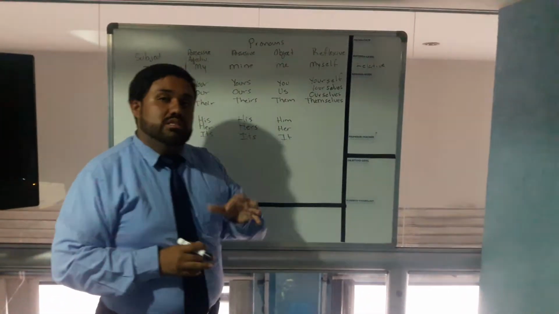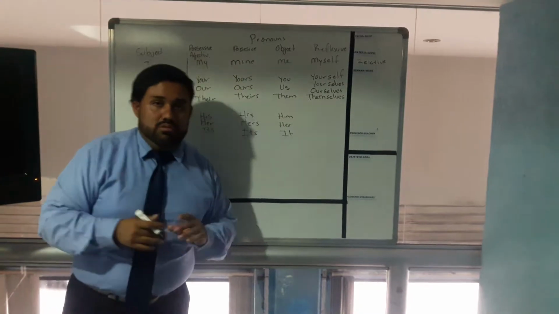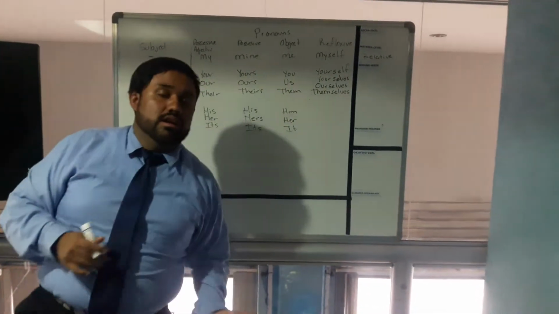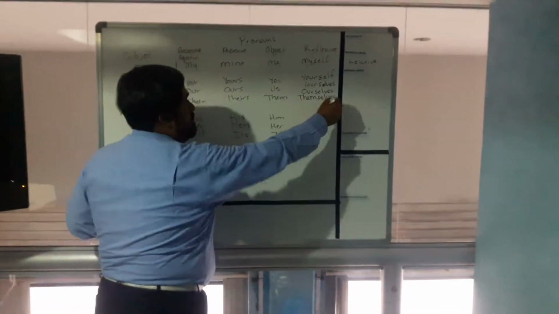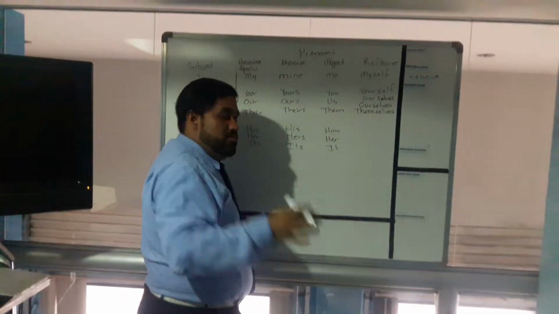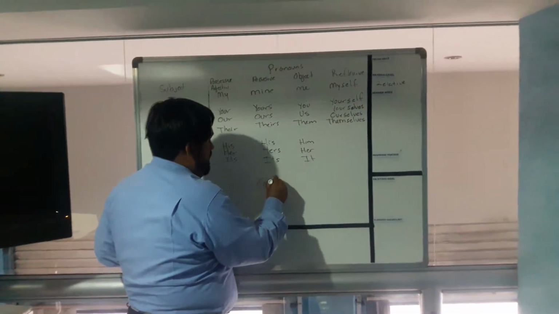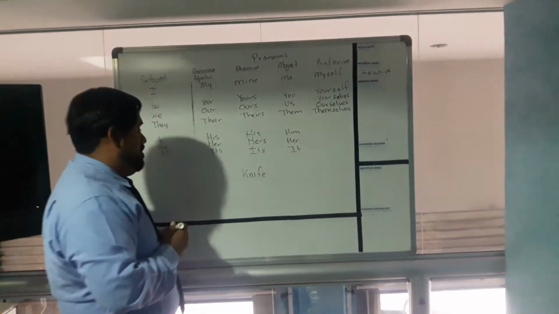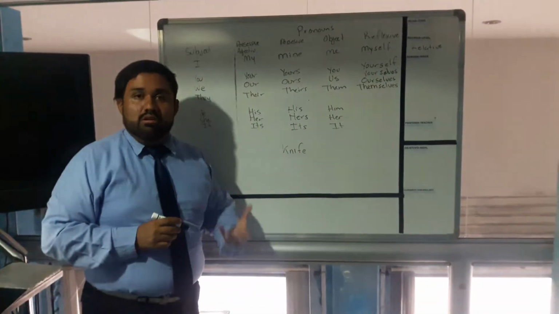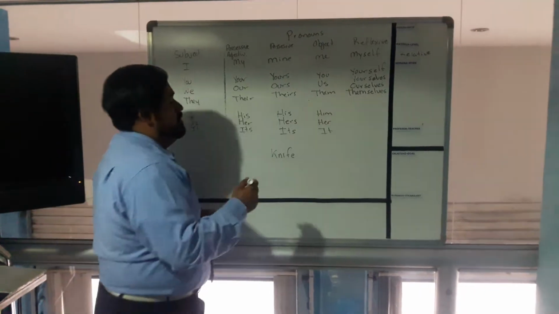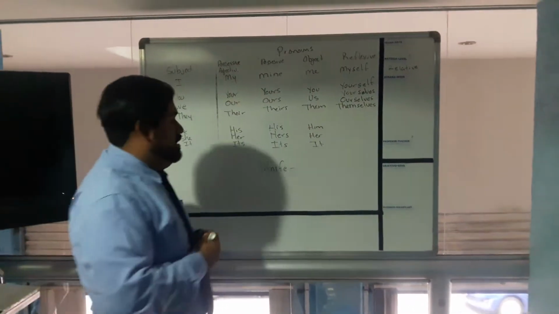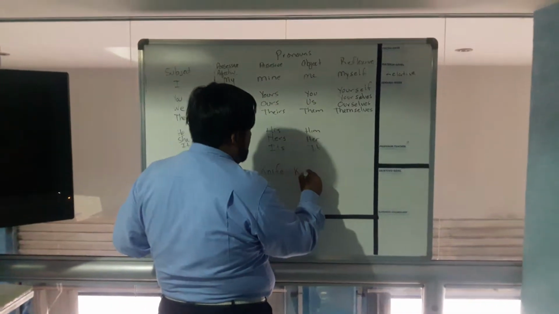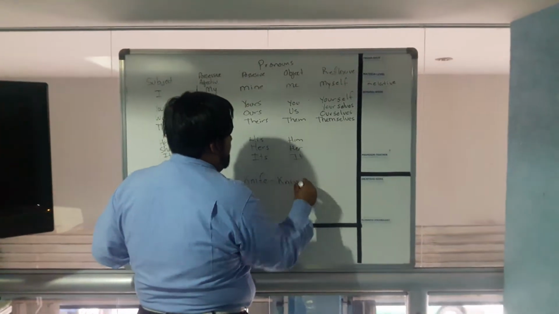Remember, this is a rule about some irregular nouns. This is not a pronoun, this is a noun. Knife is a noun, and it's just one. If you want the plural, knives.